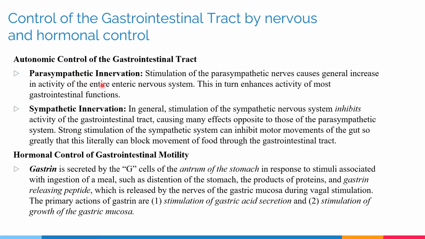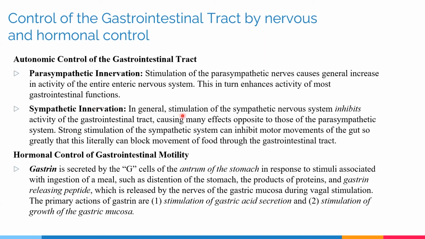In the parasympathetic innervation, stimulation of the parasympathetic nerves causes a general increase in activity of the entire enteric nervous system. This in turn enhances activity of most gastrointestinal functions. Next, we have the sympathetic innervation.